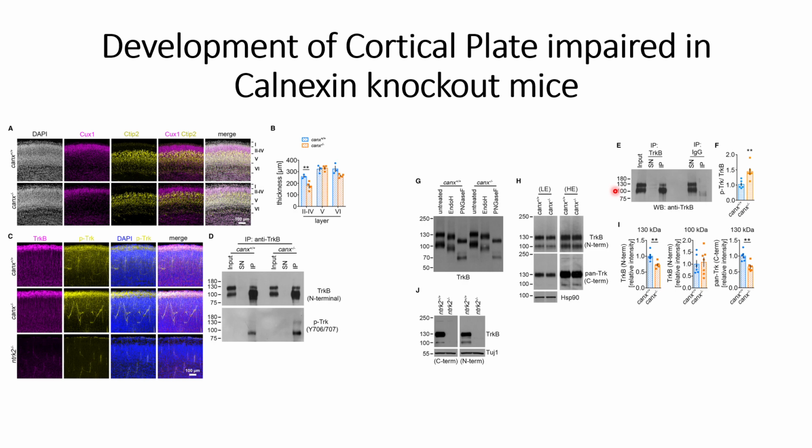How they differentiate the phosphorylated TRKB and normal TRKB, which I have just mentioned, is that phosphorylated TRKB has a molecular weight of around 100 kilodaltons because of the difference in the glycosylation profile, compared to normal TRKB, which has a molecular weight of around 130 kilodaltons and is expressed on the cell surface.